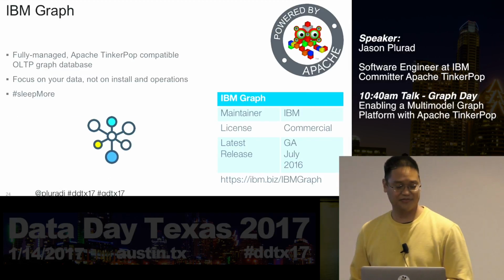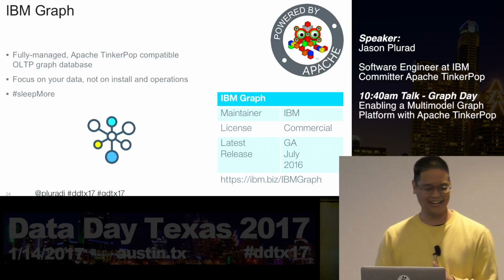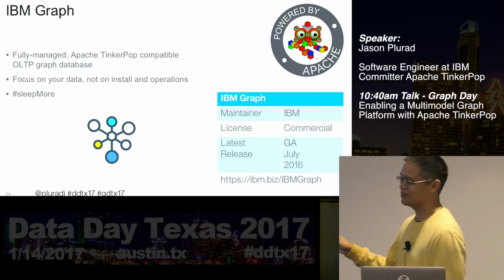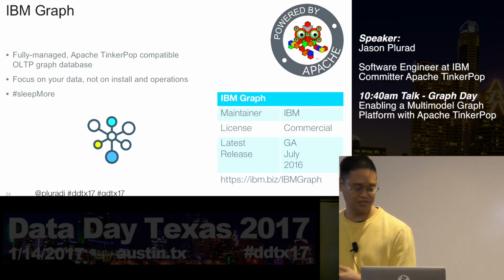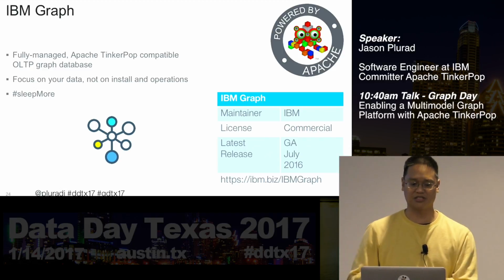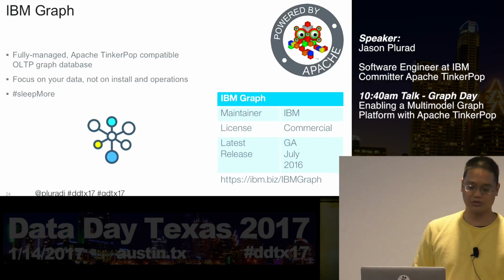And if you hadn't had enough hosting, IBM Graph fills the rest of the gap. So if you were to go with IBM Compose and Scylla as hosting for your main persistence, you would still need to stand up the Titan server nodes and manage those.